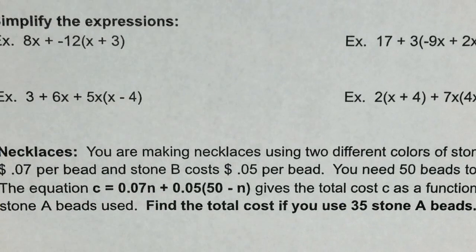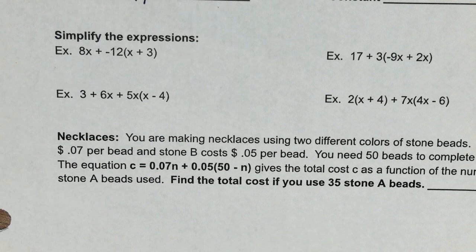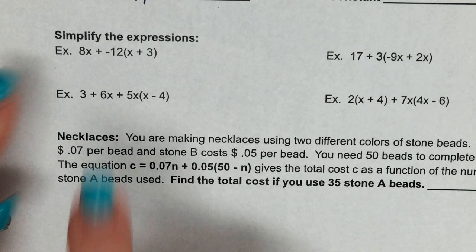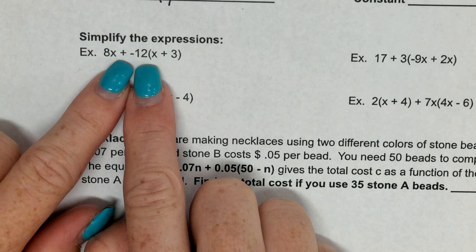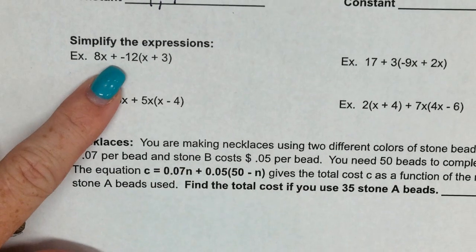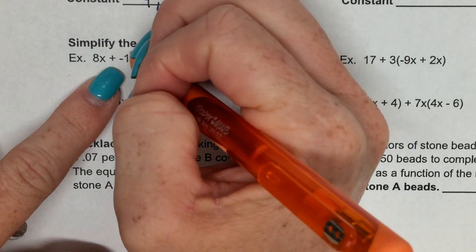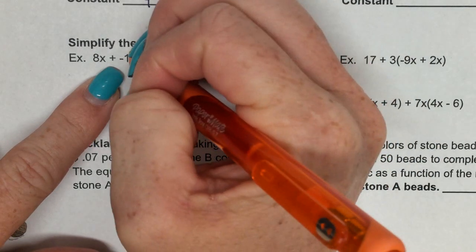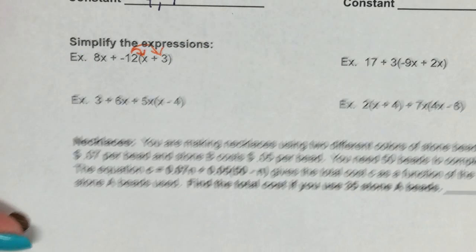This is the part where you had to take it a step further and simplify after you do distributive property. So let's go do this one. What's the first thing I have to do is deal with the parentheses by doing distributive property. So I'm going to distribute the negative 12 to the x and the negative 12 to the 3.